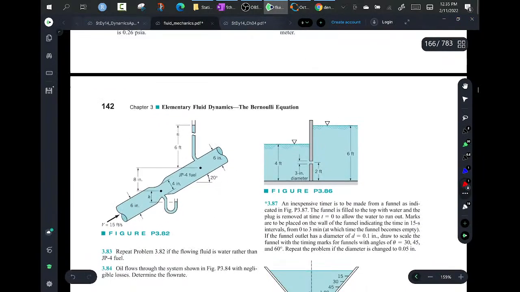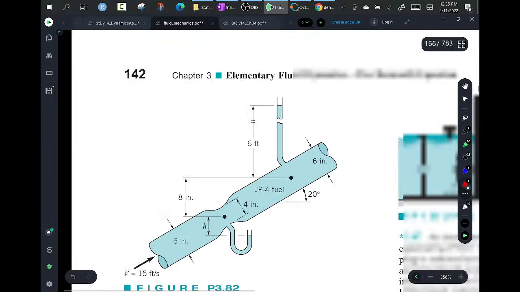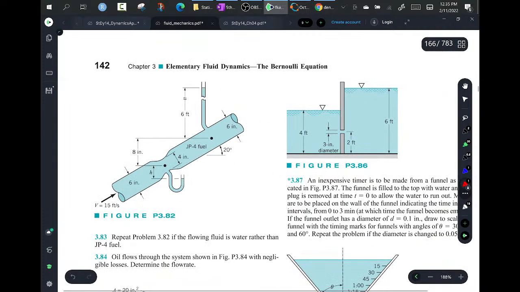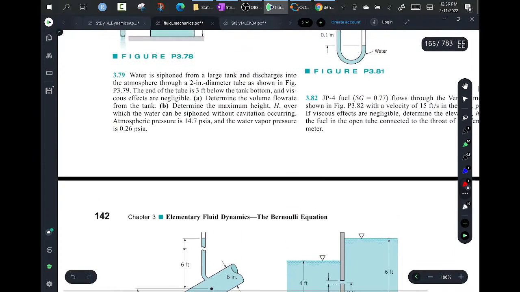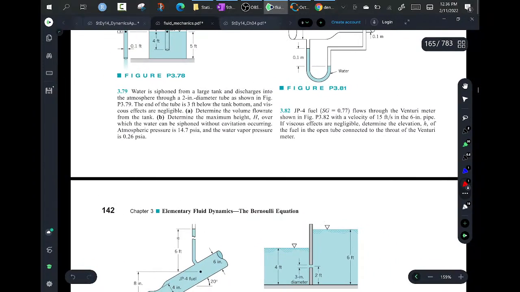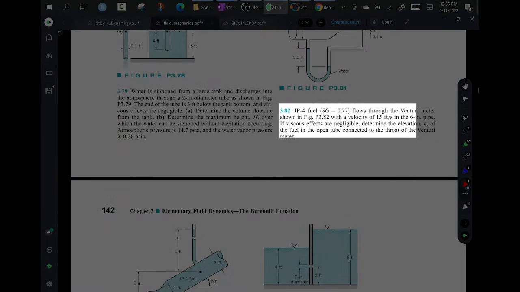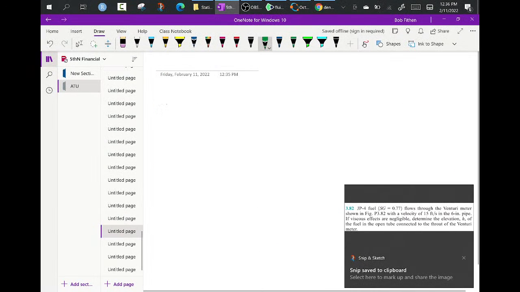Now, oh, definitely want to do this one, 382. Okay, so I'm looking at this one, jet fuel. Alright, well, okay, we'll just do that. There's two more. We'll do this one. This shows an issue that might occur.